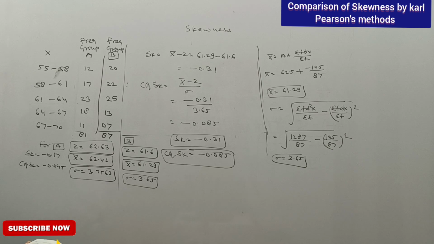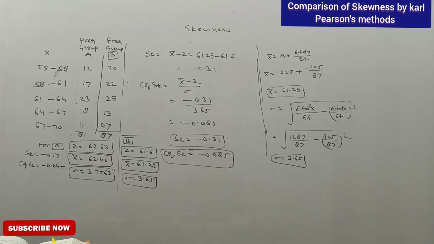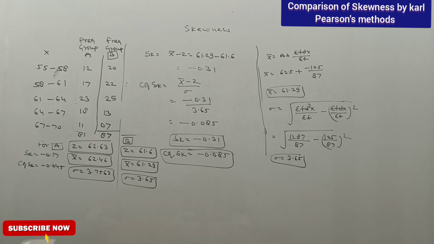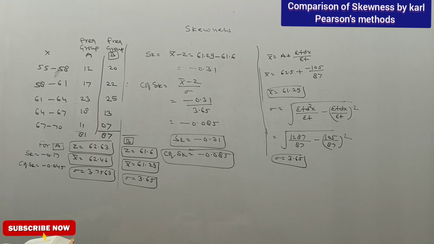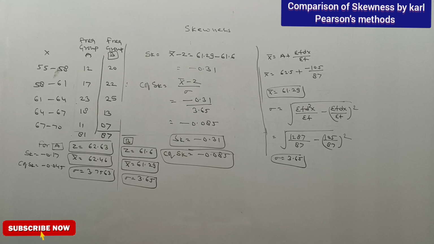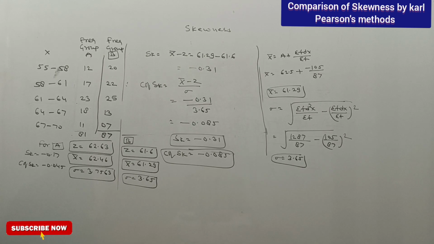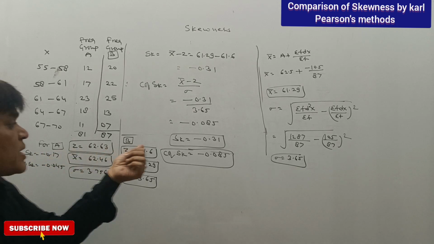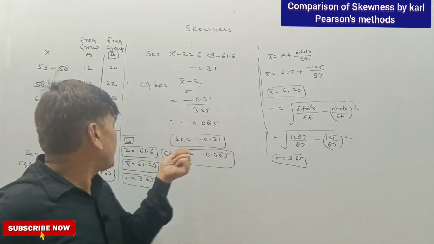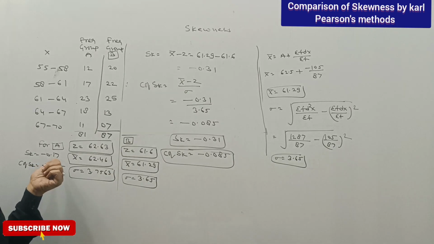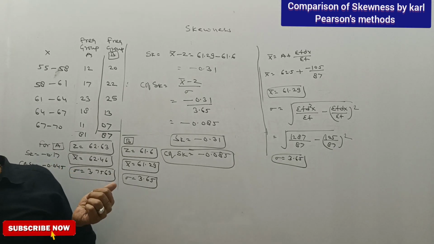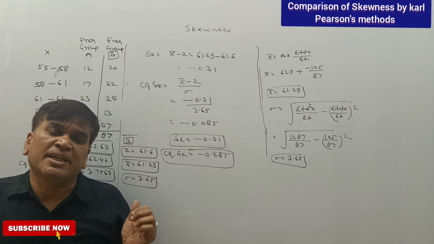Both are negative values, so as far as negative skewness is concerned, the B series has more skewness, minus 0.31 compared to minus 0.17. So we will say that there is more skewness in the B series than in the A series.